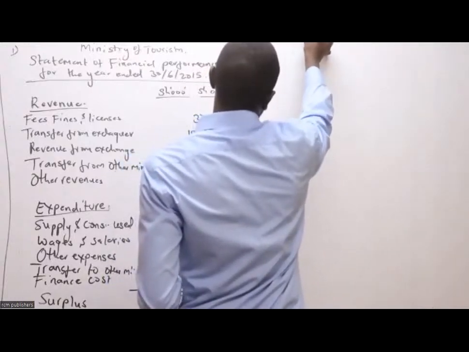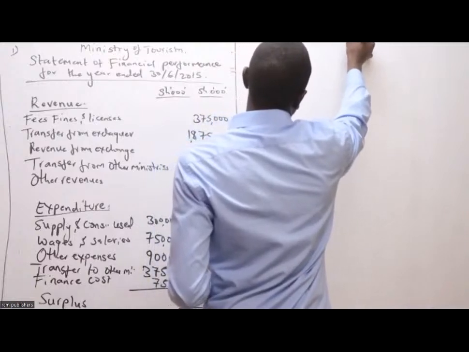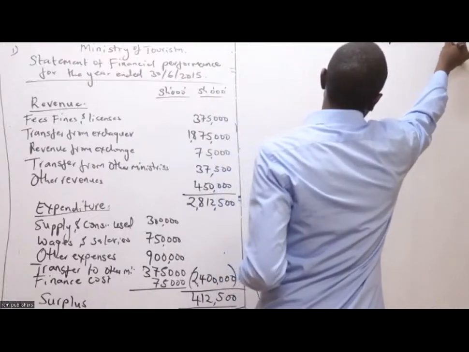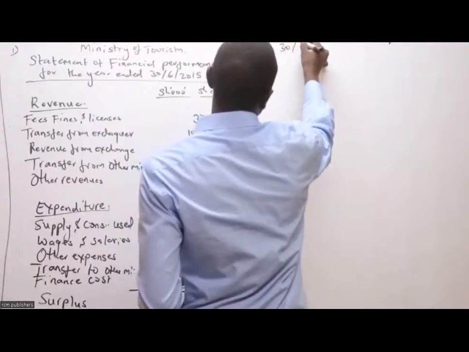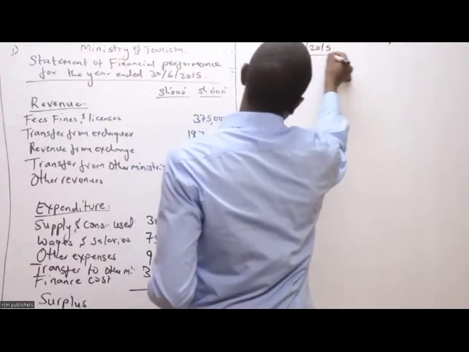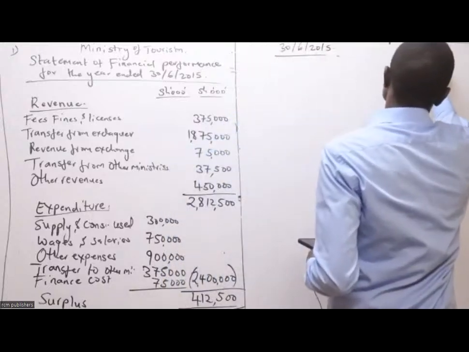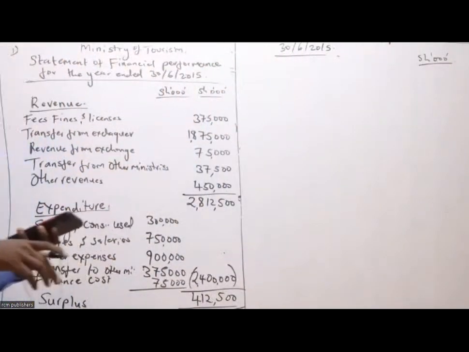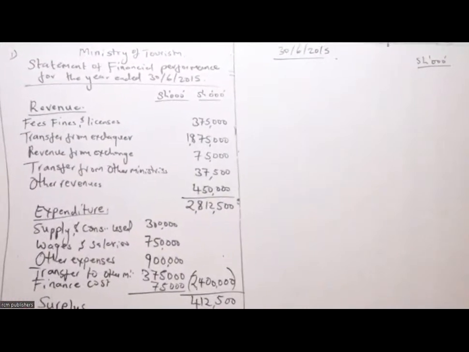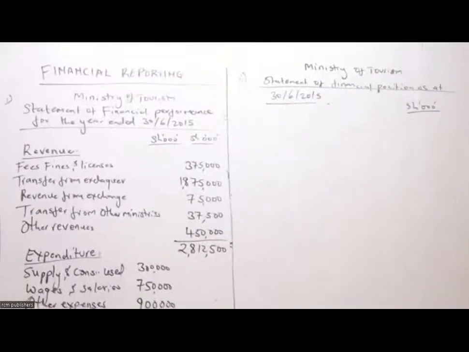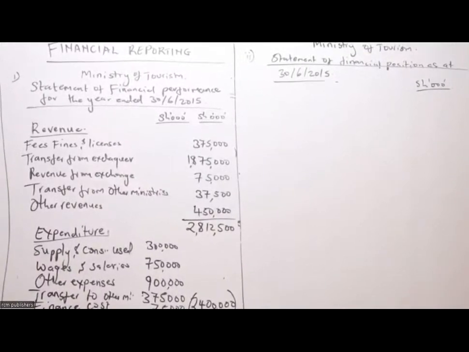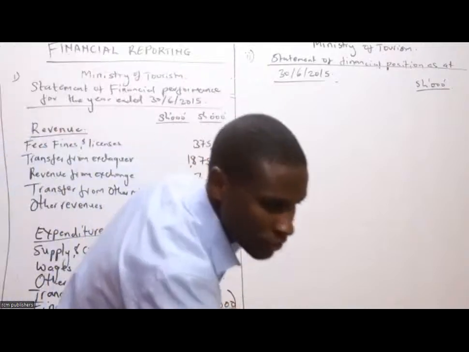Statement of financial position as at 30th June 2015. Shillings in thousand. If there is something I do not want to forget, it is that. Shillings in thousand.